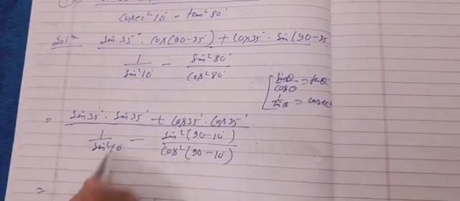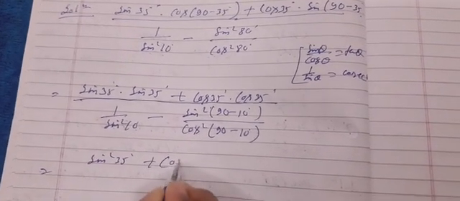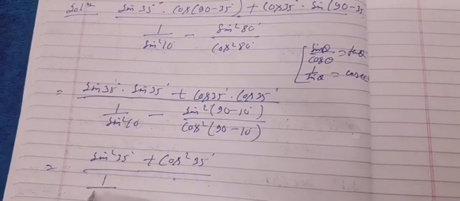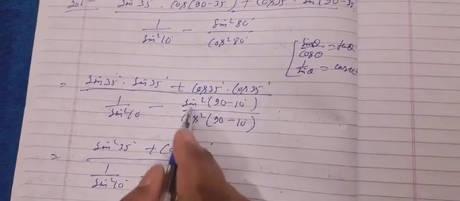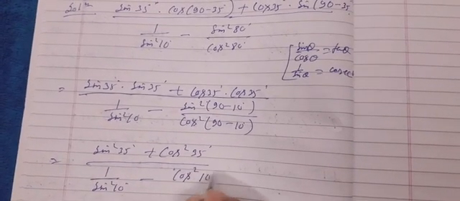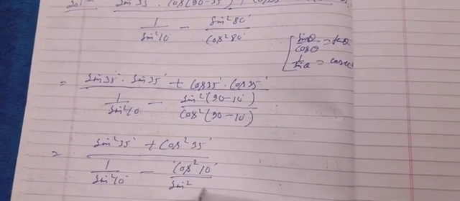After that, this is sine square 35 degree plus cos square 35 degree upon 1 upon sine square 10 degree. And let's see what happened here. Sine 90 minus theta is cos theta, so this will be cos square 10 degree, and here cos square 90 minus theta, so this will be sine square 10 degree.